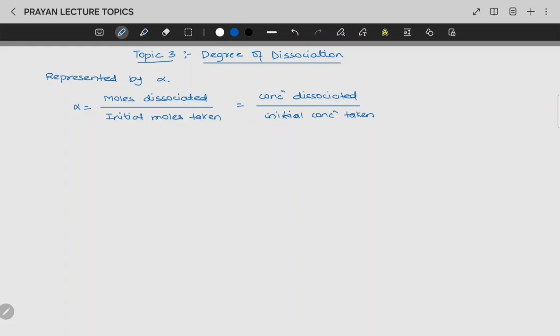Let's try to understand it with the help of an example. Let us suppose we have a reaction like NH3 dissociating to give half of N2 plus 3 by 2 of H2.